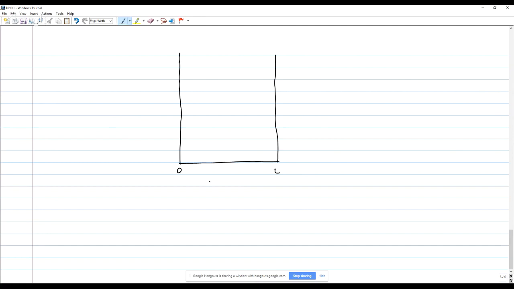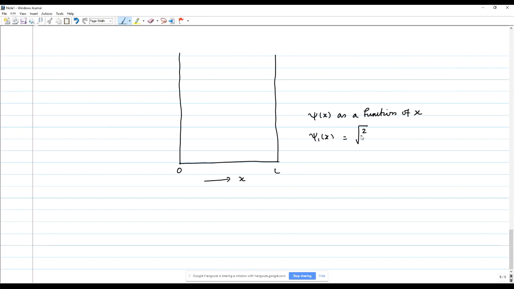The wave function is only a function of the position at any point. This is x. So you are plotting psi of x as a function of x. Since the first one, let me take psi 1 of x.